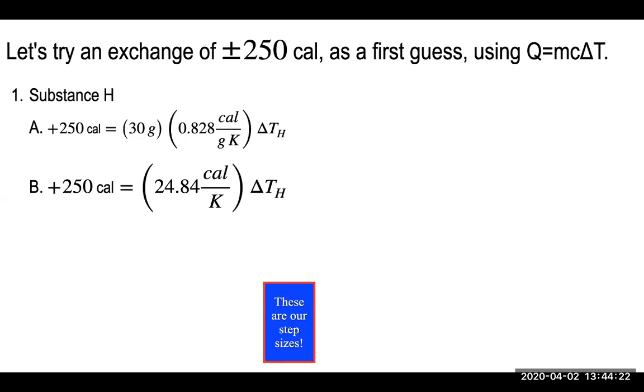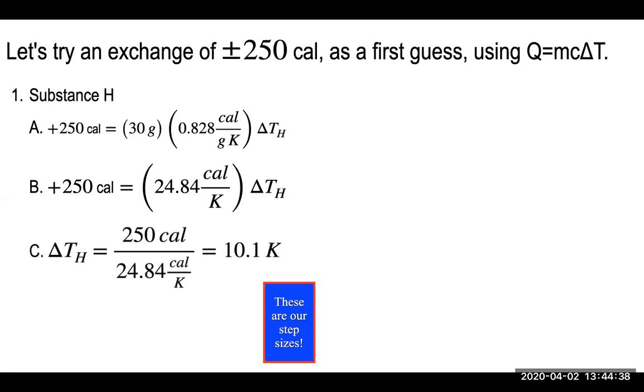And so to get delta T subscript H, the change in temperature when you exchange 250 calories, we want to get it by itself. So we divide both sides by 24.84 calories per Kelvin.